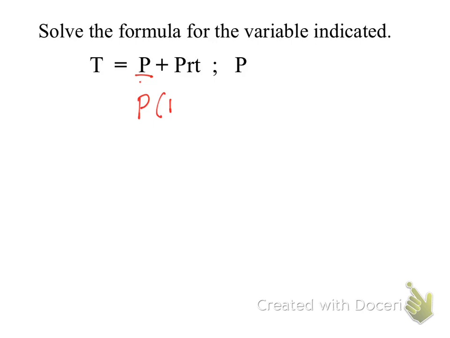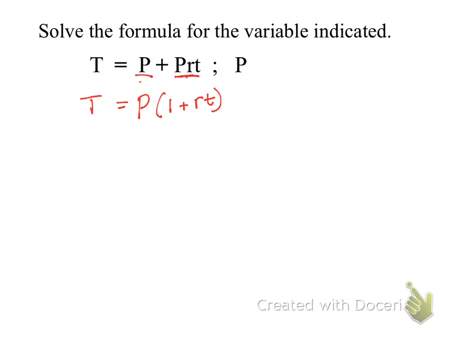Any number divided by itself, any quantity divided by itself equals 1. 5 over 5. P over P. Happy face over happy face. Any quantity over a quantity equals 1. So when I divide the P out of this term, what's left? RT. Plus RT equals T. So do you understand what we did? We factored.